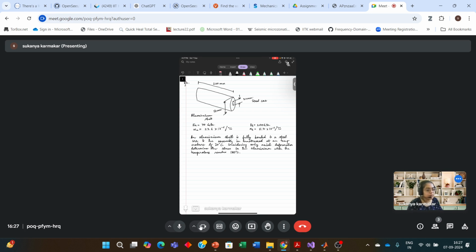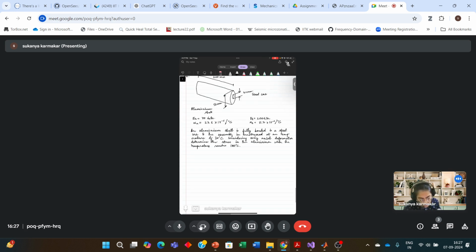Because steel has to expand more, there will be tensile stresses. Aluminum will expand less, so there will be compressive stresses in the aluminum. Now, let's formally put this up and calculate the magnitude of stress in the aluminum because of the change in temperature.